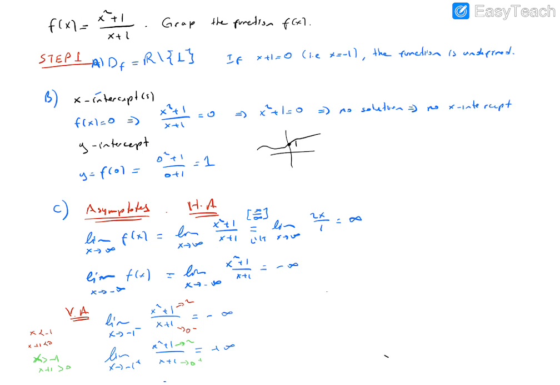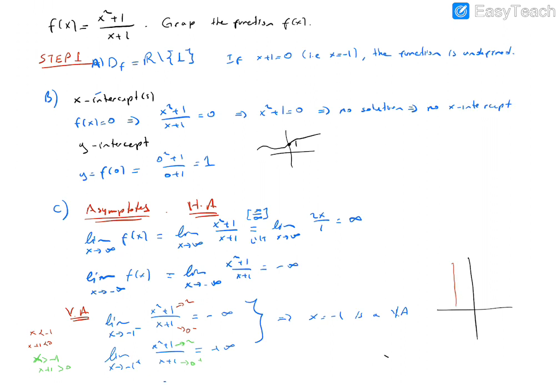Let's write our conclusion: this implies x equals minus 1 is a vertical asymptote.